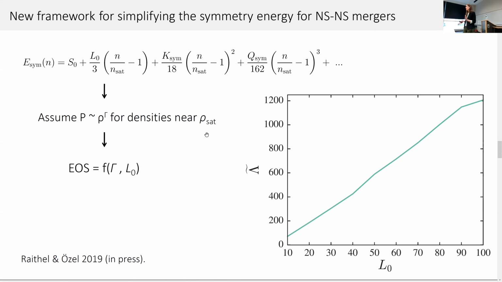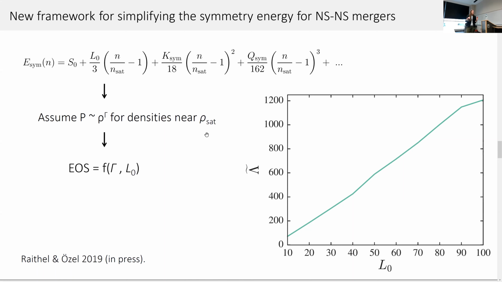Most realistic equations of state that are calculated don't have a lot of substructure at those relatively low densities from a neutron star perspective. And so it seems that making this simple simplification in this limited density range is perhaps plausible.